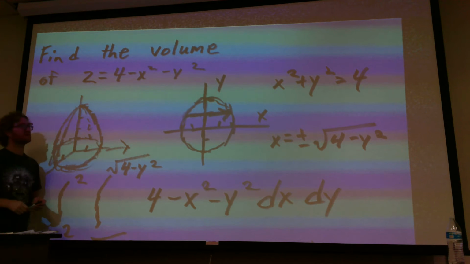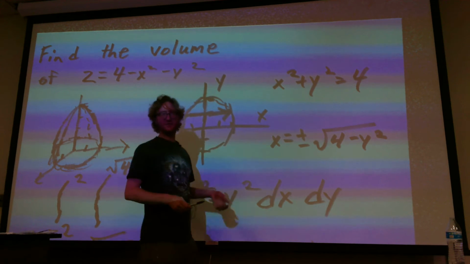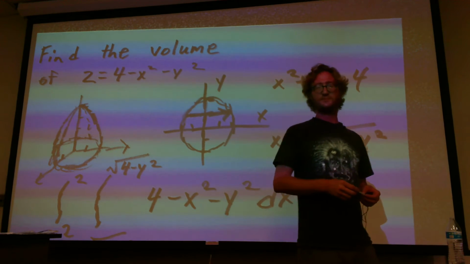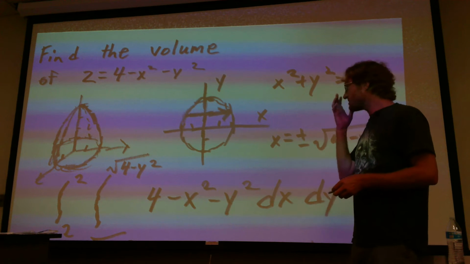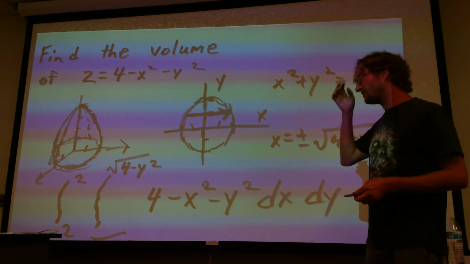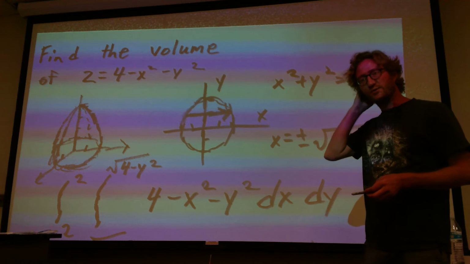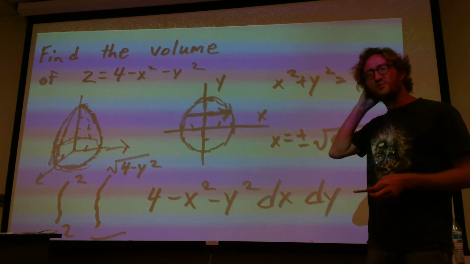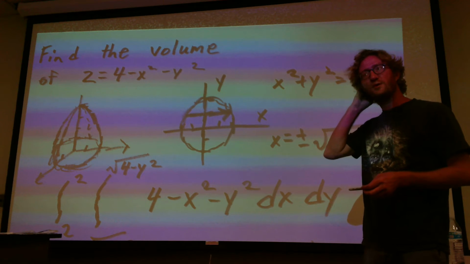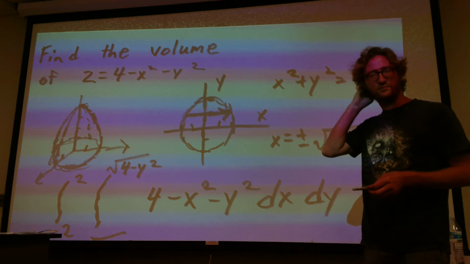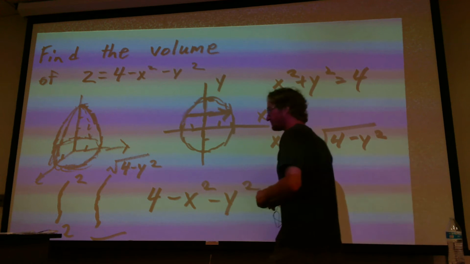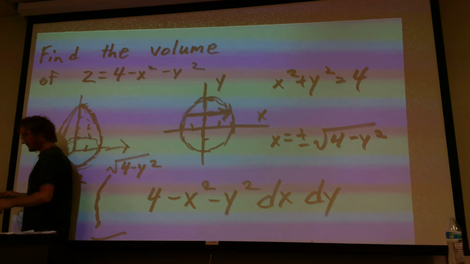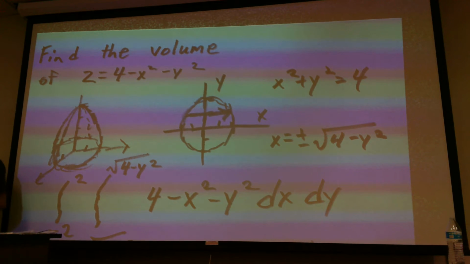Why don't we just consider this problem as dealing with a circle? Okay? So, if the domain is a circle, why don't I do a transformation into the polar coordinate system?